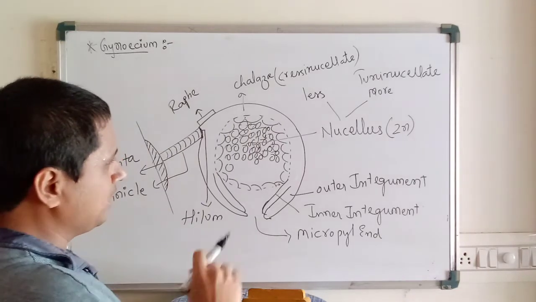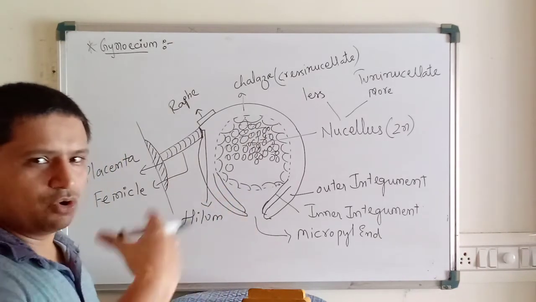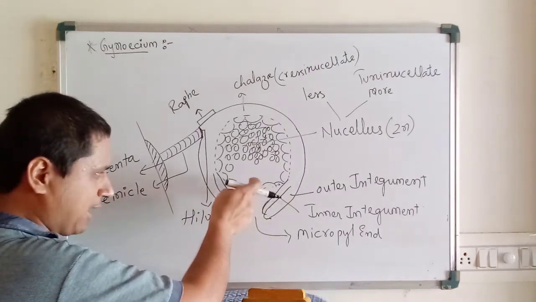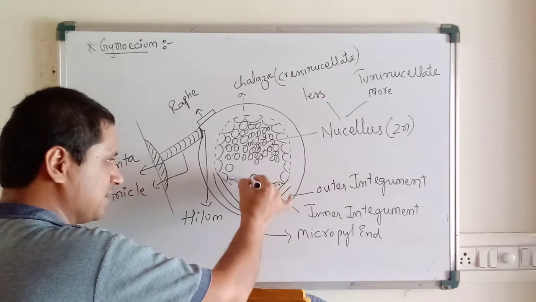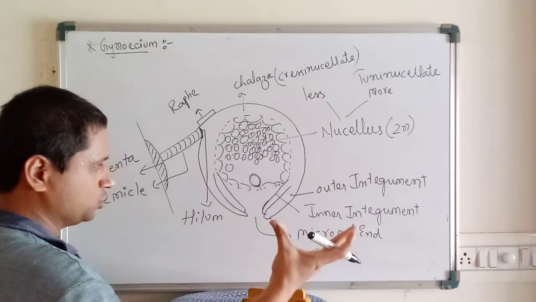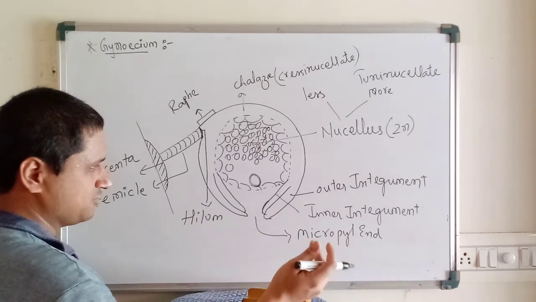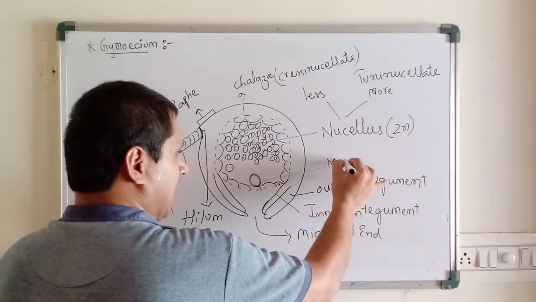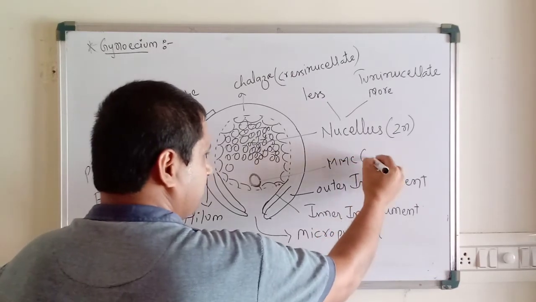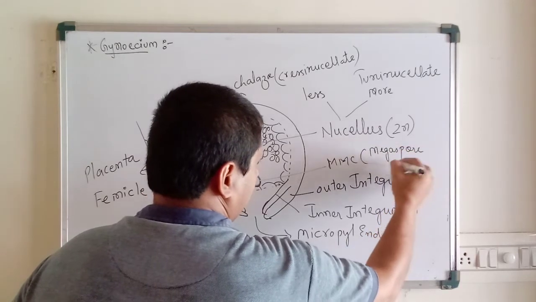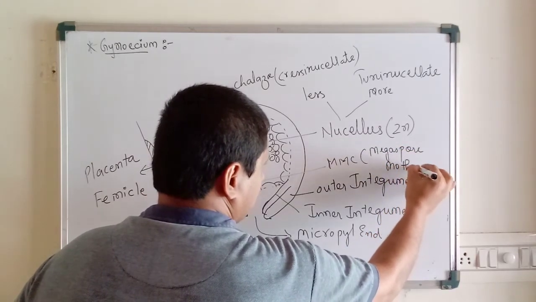Now, once the nucellus undergoes the division, the cell present at the micropylar end grows big in size, and that cell is known as the MMC, that is the megaspore mother cell.